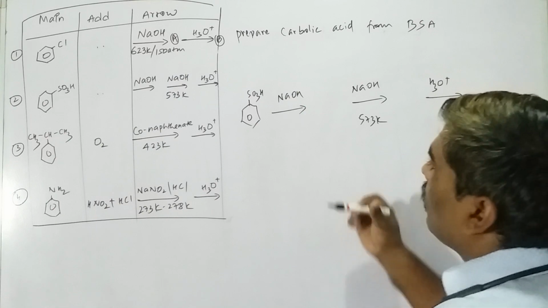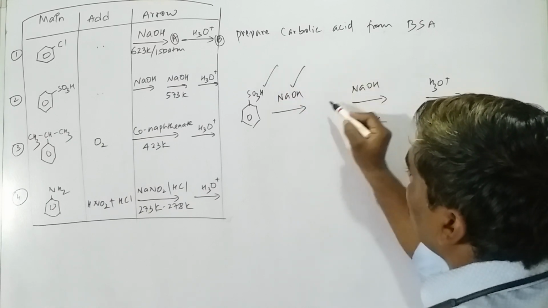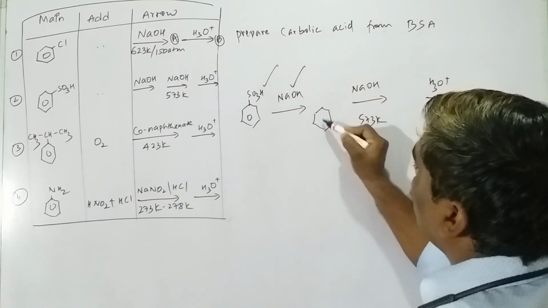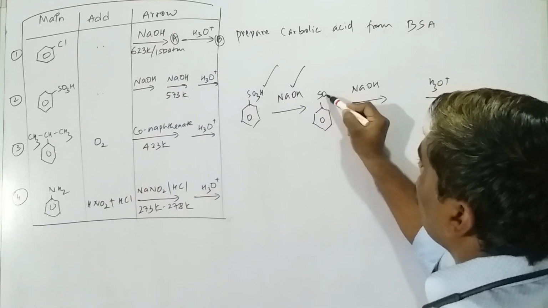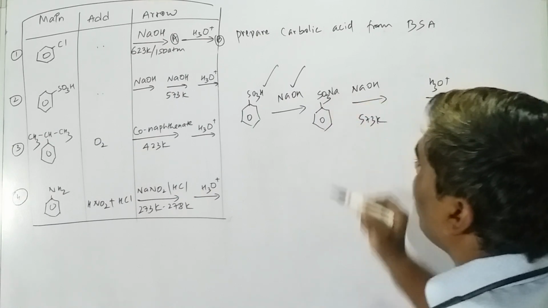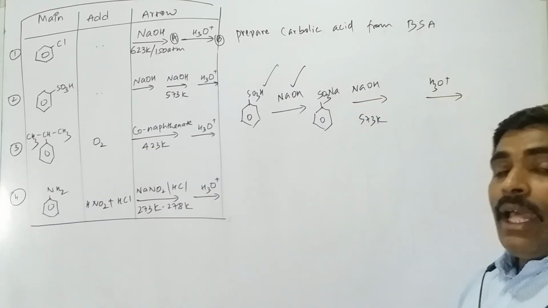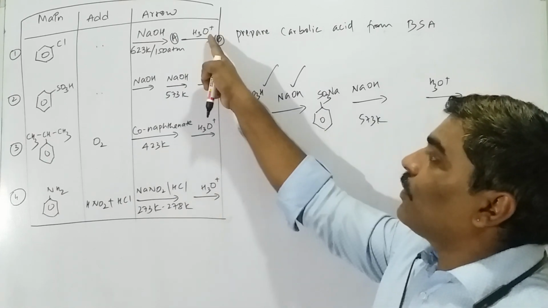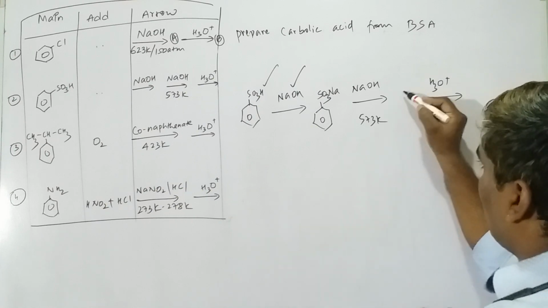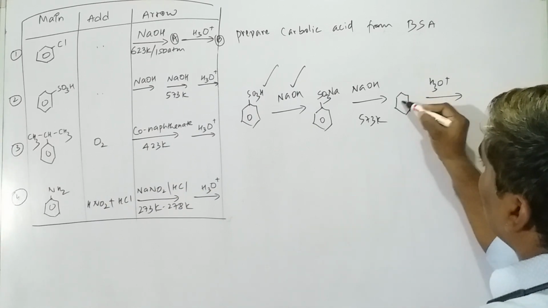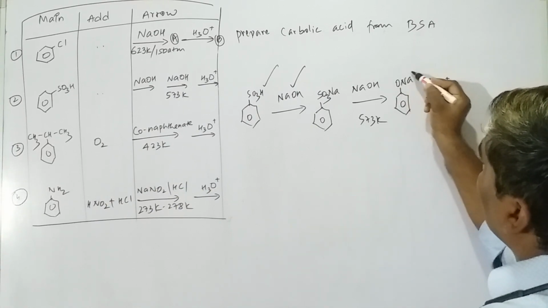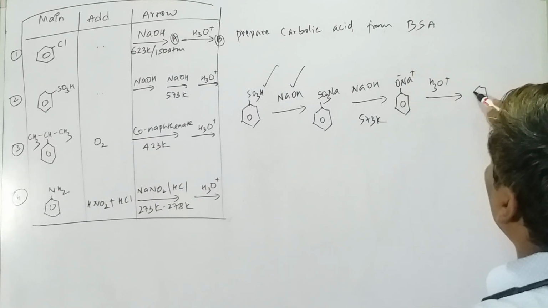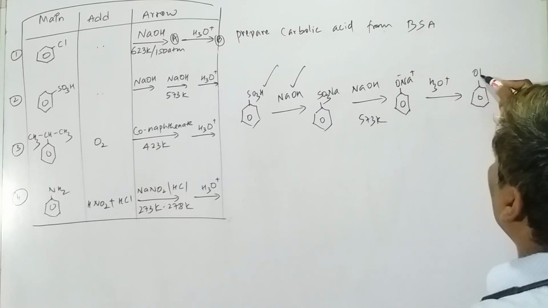Now you have to understand that a water molecule is given out, so this sodium benzene sulfonate is formed. And then, whatever happened in Dow's process, the same happens here: sodium phenoxide, and then phenol.